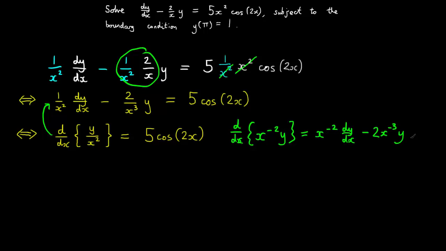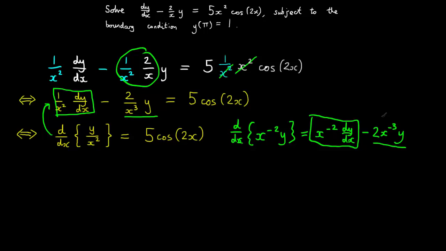Okay, and if we look at what we've got here, this is exactly the same as the left-hand side that we had up here, because we had 1 over x squared dy by dx, well that's just the same as x to the minus 2 dy by dx. Then we had minus 2 over x cubed y, well minus 2 over x cubed y. So these are exactly equivalent, these two last yellow lines.